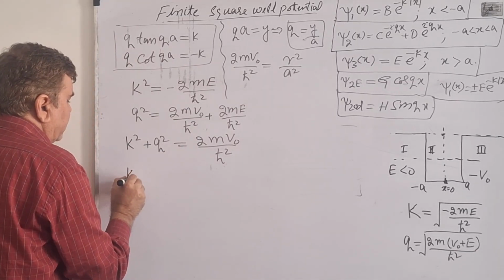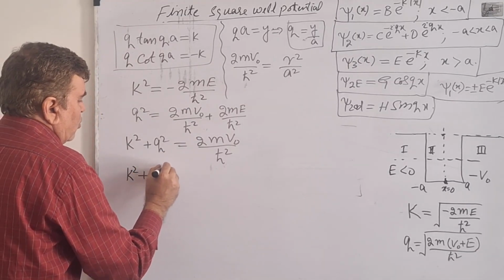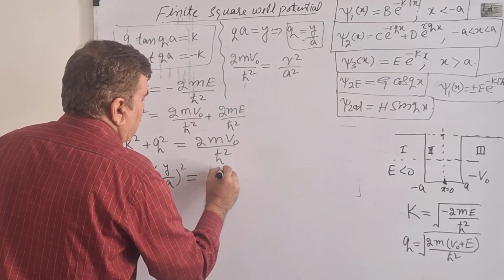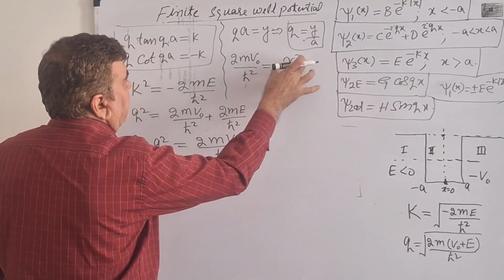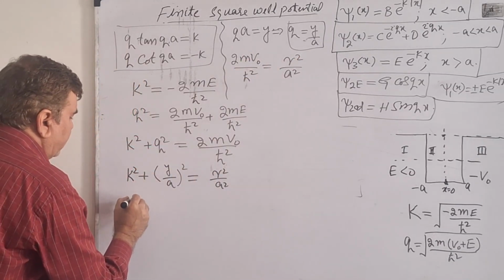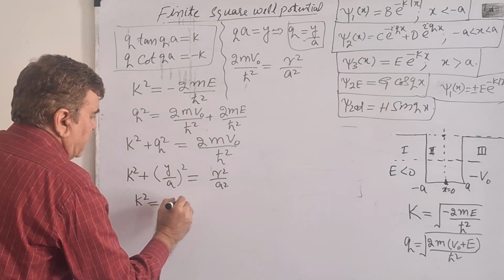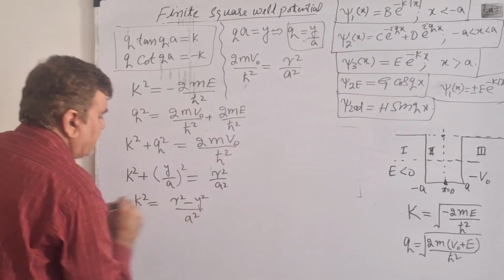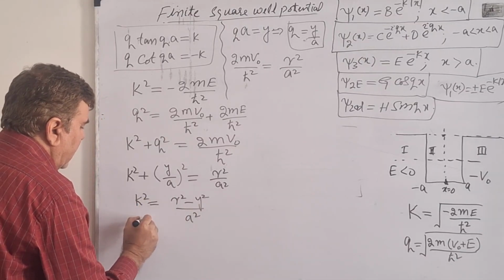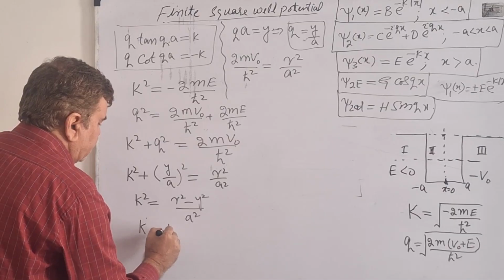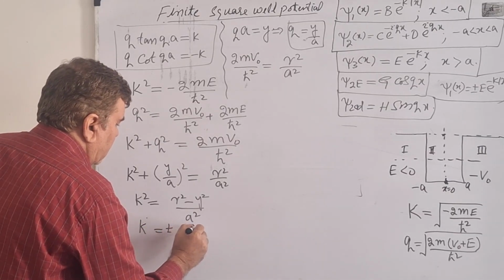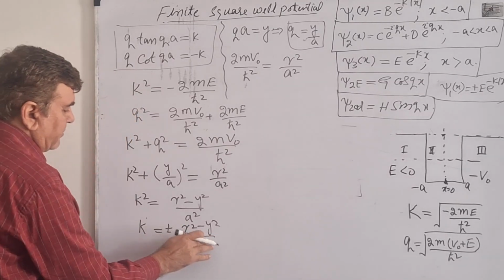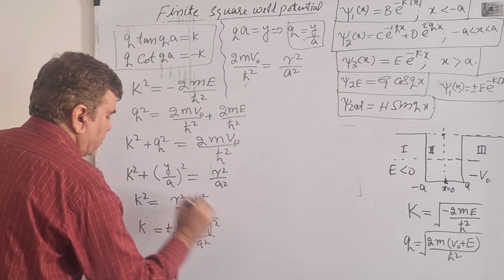That is, k squared plus y squared divided by a squared equals r squared divided by a squared. From this I can write k squared equals r squared minus y squared divided by a squared, or k equals plus or minus the square root of r squared minus y squared, divided by a.